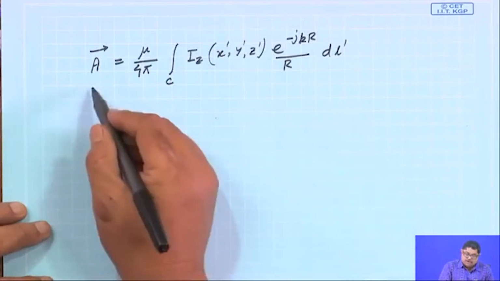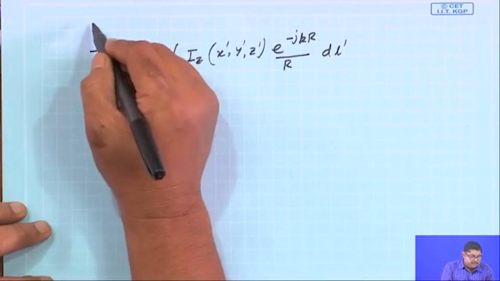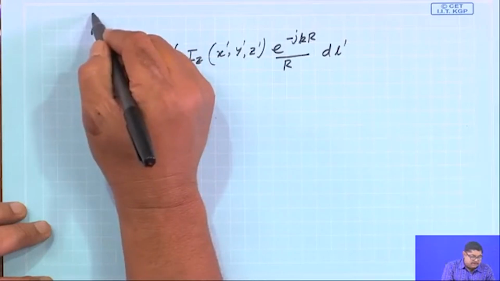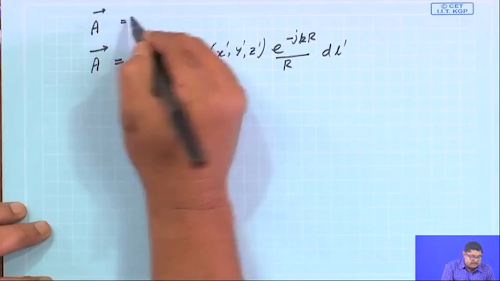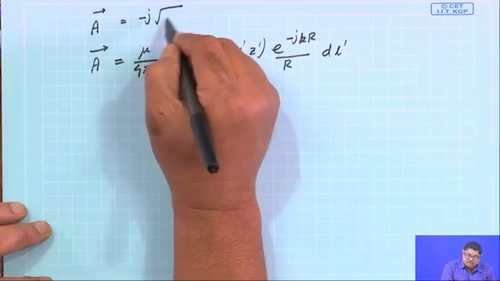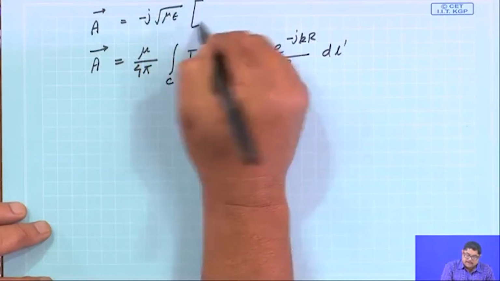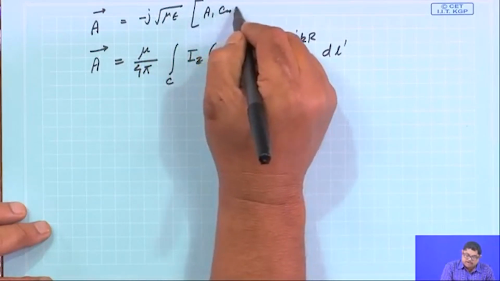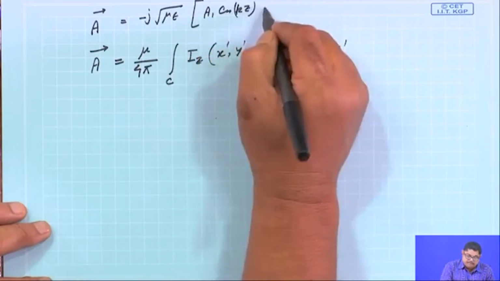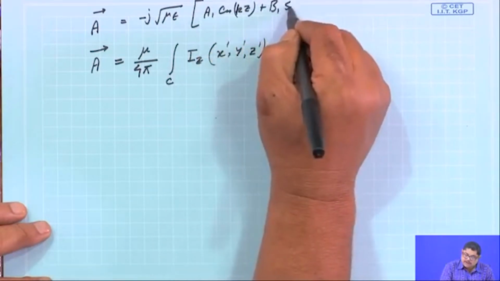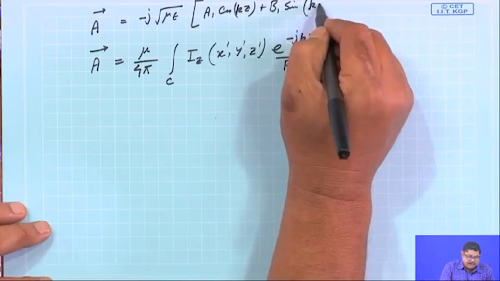Also, I have the solution of A, that in our case is minus j root over mu epsilon times A1 cos kz plus B1 sin kz.